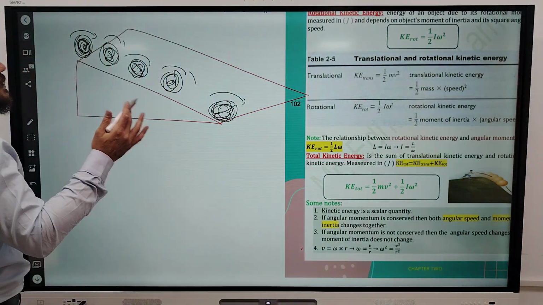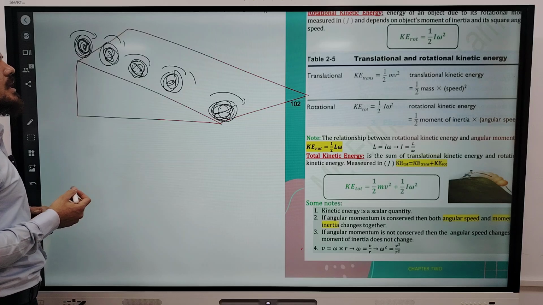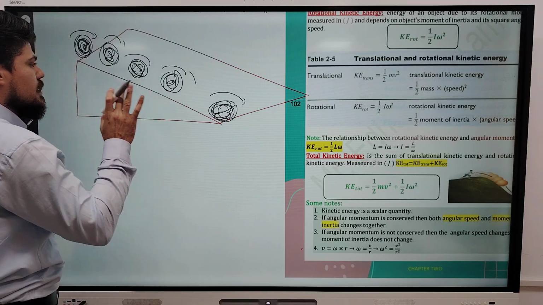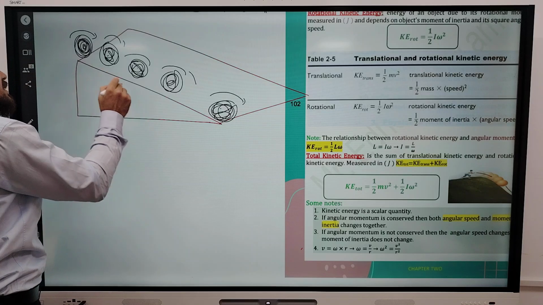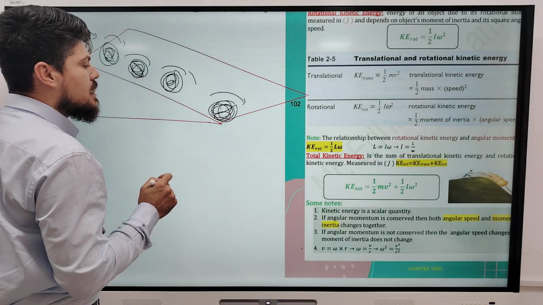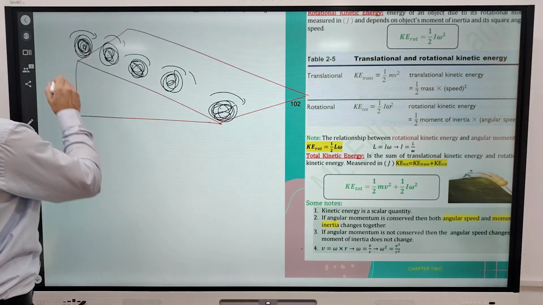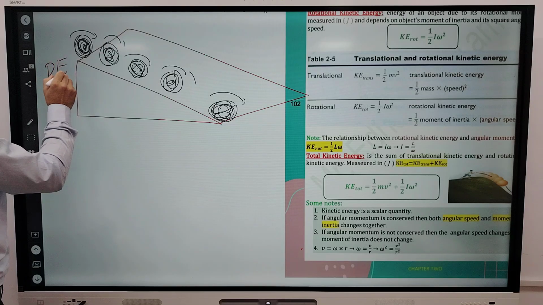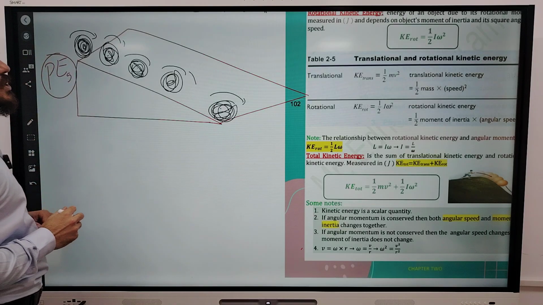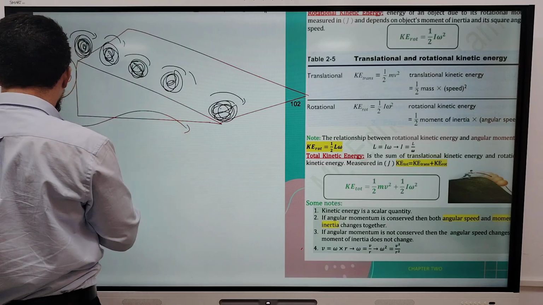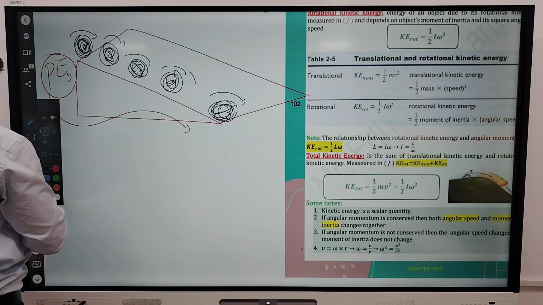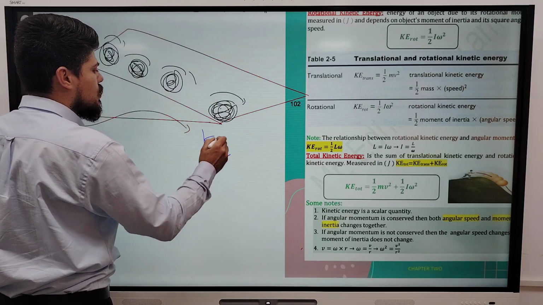Okay? So, what about the kinetic energy? Which type of kinetic energy do we have? We have two different types of kinetic energy here: translational kinetic energy and rotational kinetic energy. At first, the object has only gravitational potential energy. But this gravitational potential energy is converted to what? To kinetic energy. Which kinetic energy, translation or rotation?